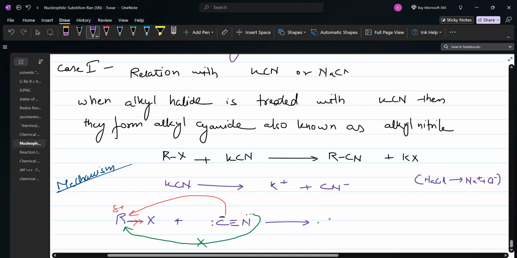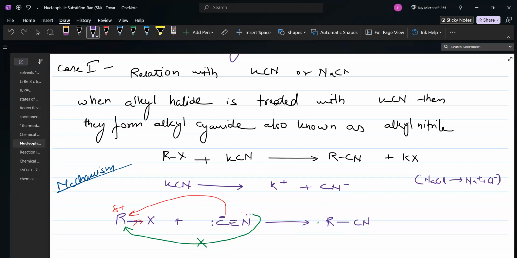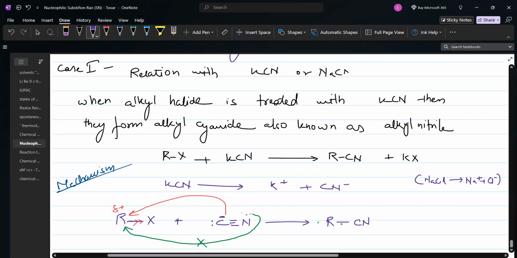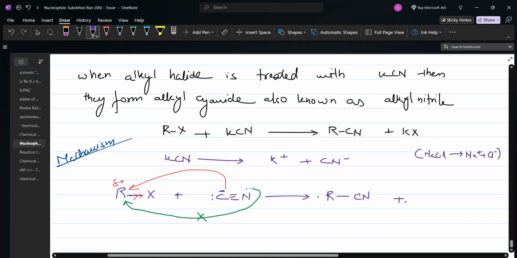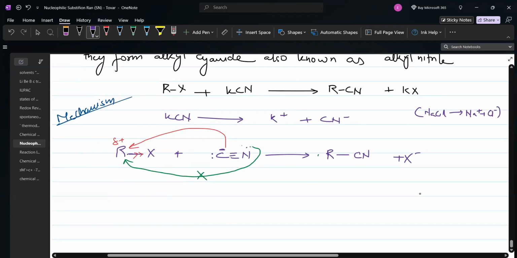That is why this happens, giving RCN. Also, negative charge on carbon is not good for carbon, since carbon is less electronegative than nitrogen, so carbon does not want any extra electron on it. So there are these two reasons. You can understand that carbon is forming a bond with the alkyl group. Understood, everyone?